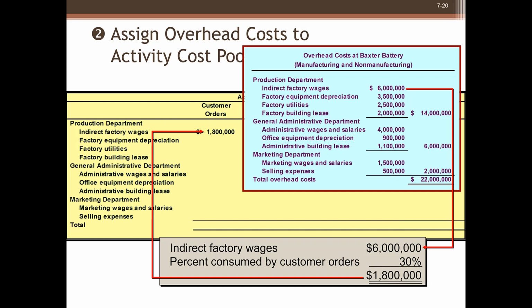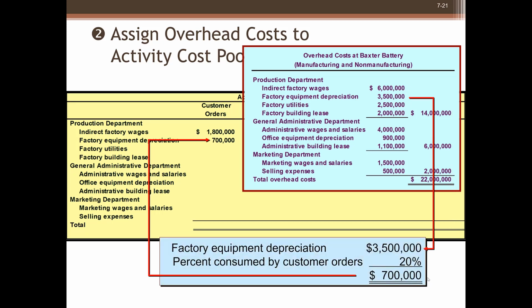You can see the calculation here, 6 million times 30%, and then we get 1.8 million. Another example, let's take a look at factory equipment depreciation. Overhead cost for this category is 3.5 million.